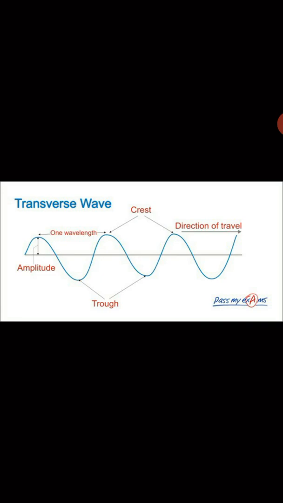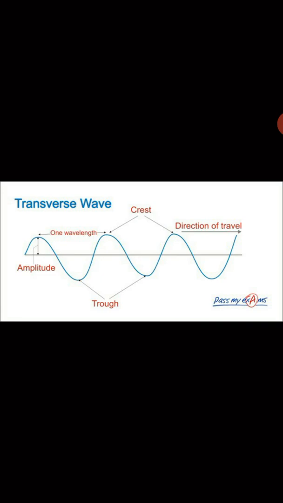So in transverse waves, the particles of the medium vibrate at right angles to the direction of the wave. In this image, as you can see, the direction of travel of the wave is to the right-hand side. And how are we moving? Suppose this is a rope. This wave will be produced when we move the rope up and down.